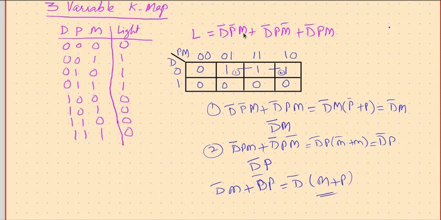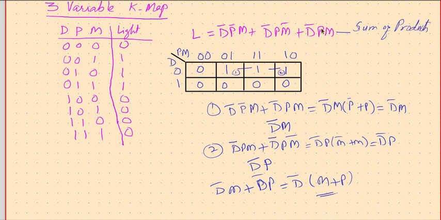This form of Boolean expression, if you look carefully, in our normal algebraic terms is a product, and three products are summed together. So in our Boolean language, this type of expression is called sum of products.